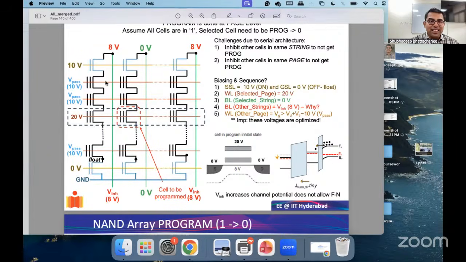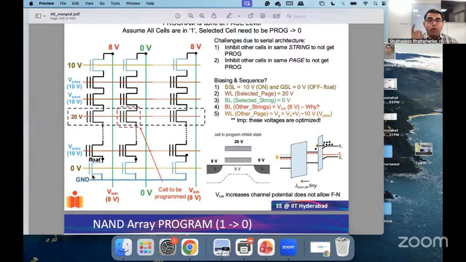They are not flash cells. Flash cells are indicated by these two lines at the gate stack, which indicates a modified gate stack of a transistor. If you look at these blue transistors, they are normal logic transistors right at the beginning of the string, which connect it to the bit line, and right at the end of the string there is also a normal transistor, which, as you know, is called GSL, or the ground select line.